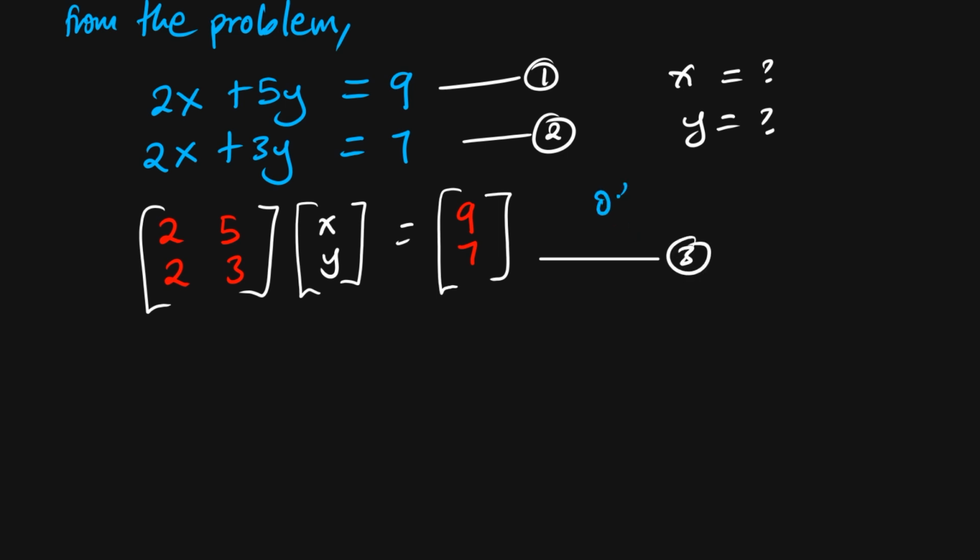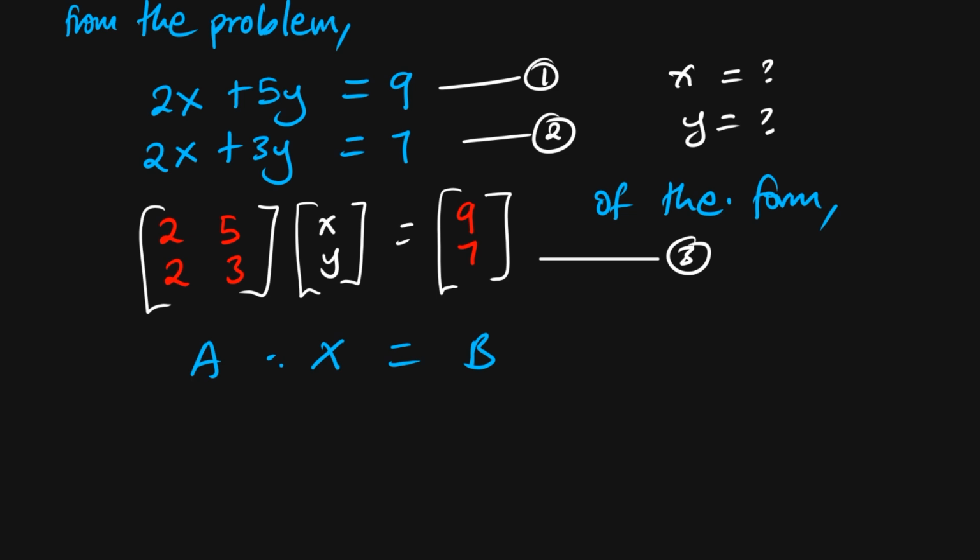But this is of the form A times X equals B, which is a system of linear equations in compact form or matrix form, where A corresponds to this coefficient matrix, X corresponds to this vector of unknowns, and B corresponds to this vector of constants.